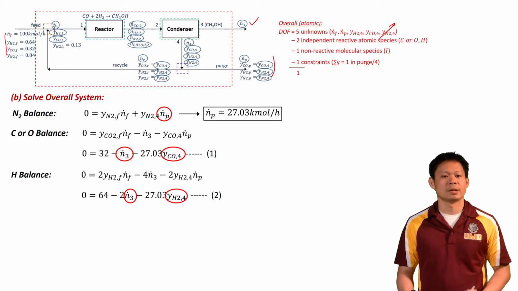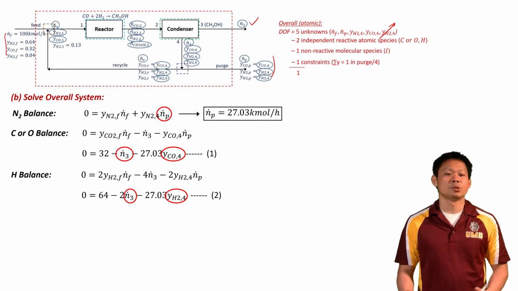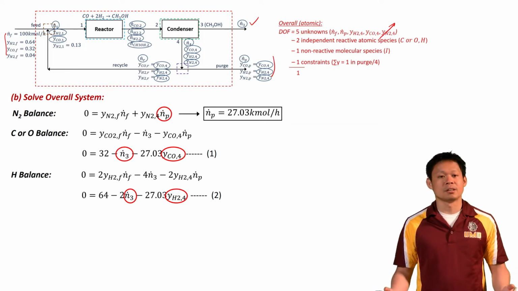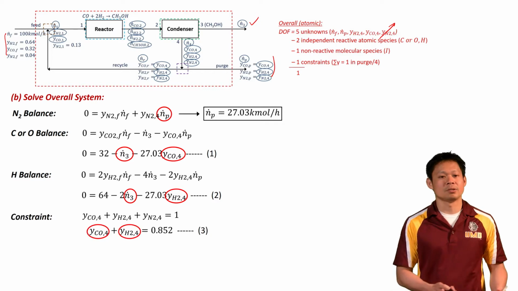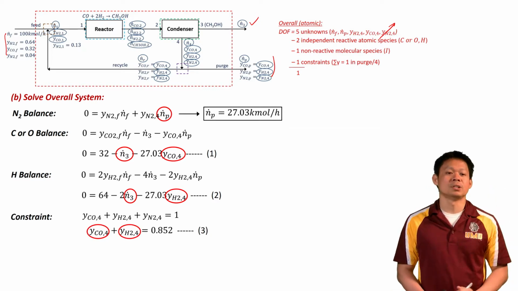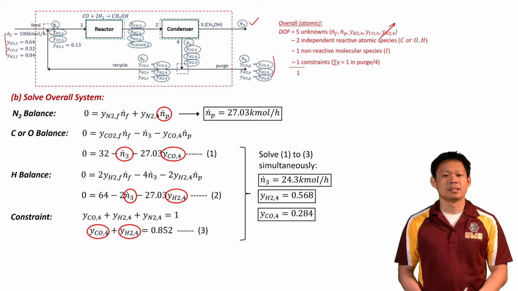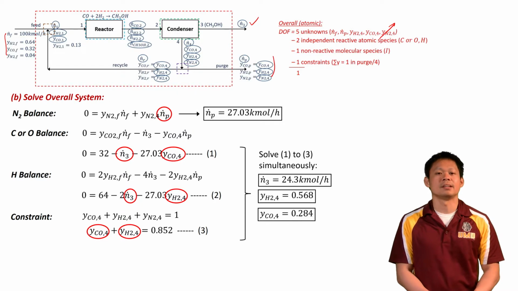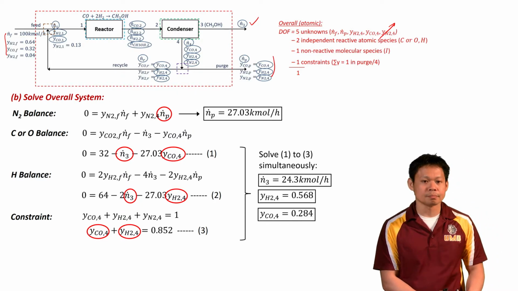So those are the 3 terms we have there. Again, we have 2 unknowns, and these 2 unknowns are not even the same unknowns. So we actually have to solve it concurrently with our constraint. Those are the 3 tools that we have left based on the degree of freedom analysis. Solve 1, 2, and 3 simultaneously, and you can get the 3 unknowns that we need to.